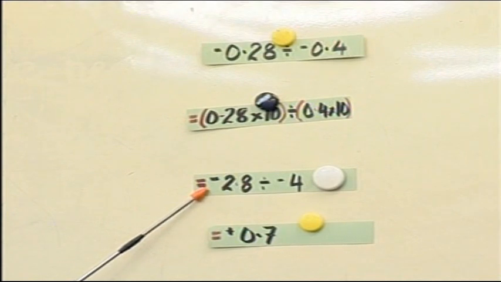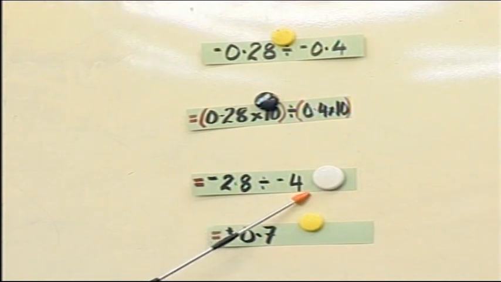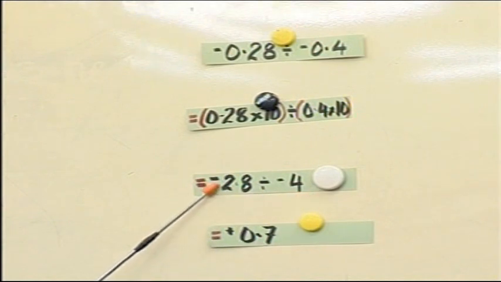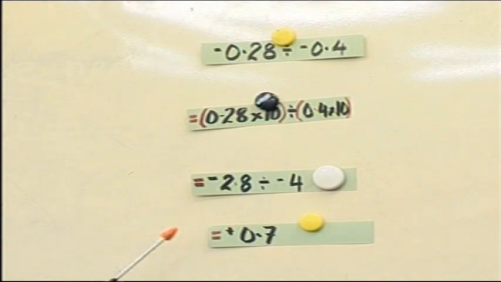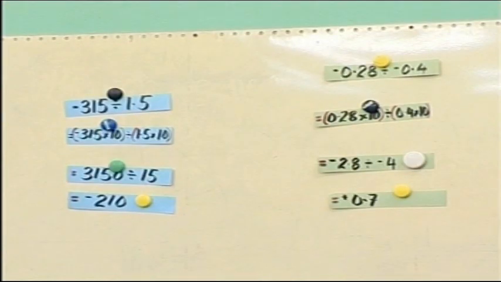From the flashcard, it is negative 2.8 divided by negative 4. A negative and a negative, what is your result? Positive. When we divide 2.8 by 4, you should have your final answer as 0.7. So this is just to remind us again of the different steps to take when we are calculating with decimal numbers.